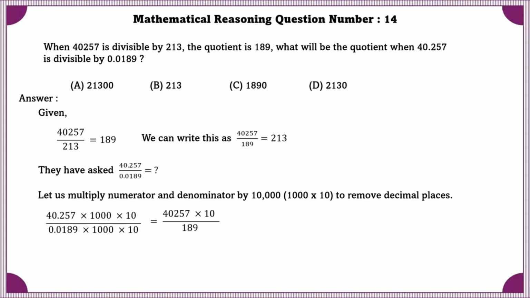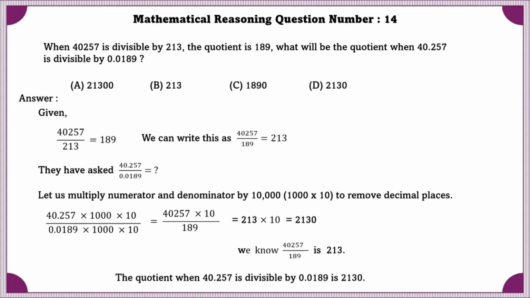We get 40,257 into 10 by 189. We know that 40,257 by 189 is 213. So dividing 40,257 by 189 and then multiplying by 10, we will get 2130. So the quotient when 40.257 is divided by 0.0189 is 2130.